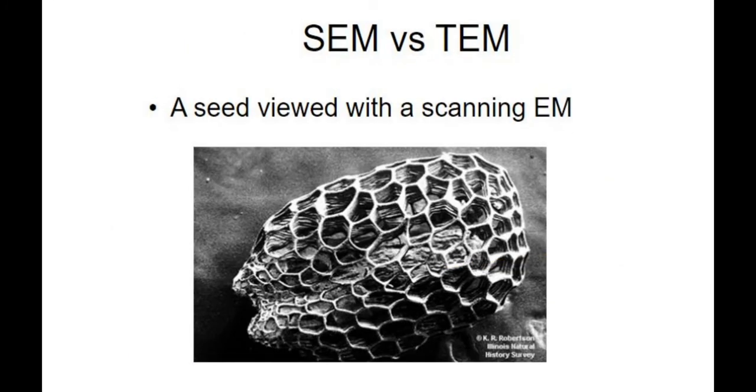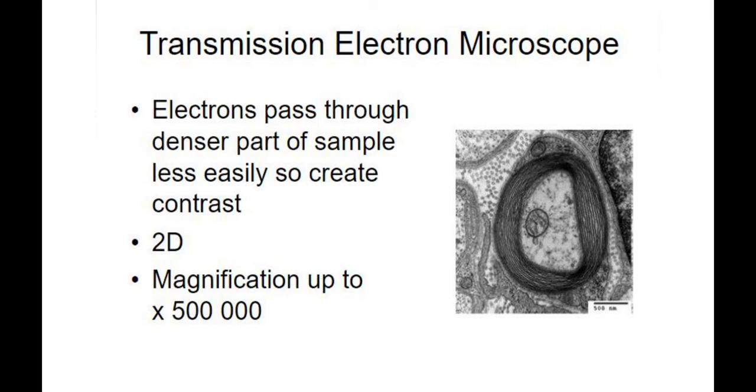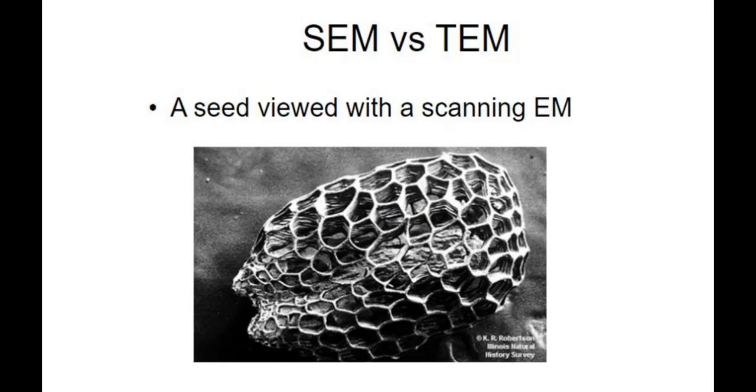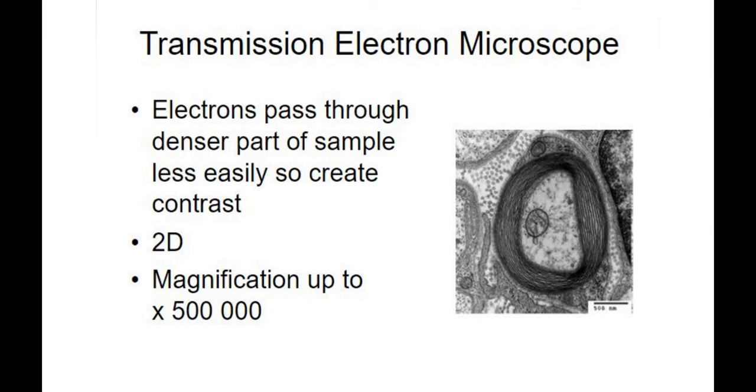So we see the scanning electron microscope in comparison with the transmission electron microscope. The image which we can produce with the scanning electron microscope can be in very good detail, like a three-dimensional image, very informative. But the transmission electron microscope works differently.